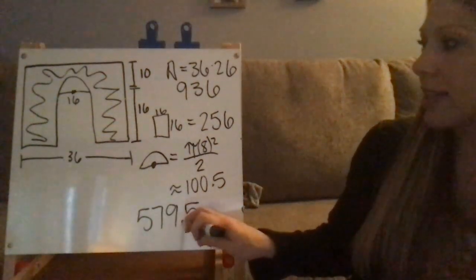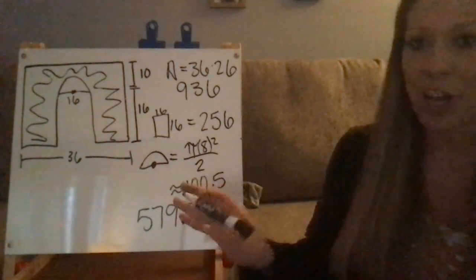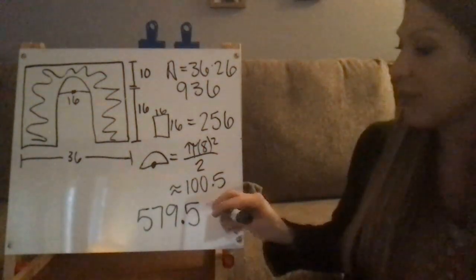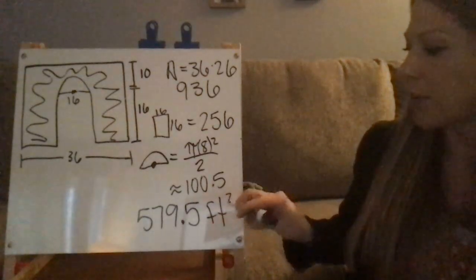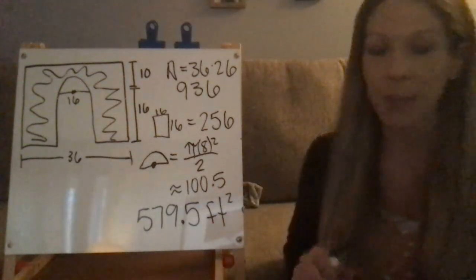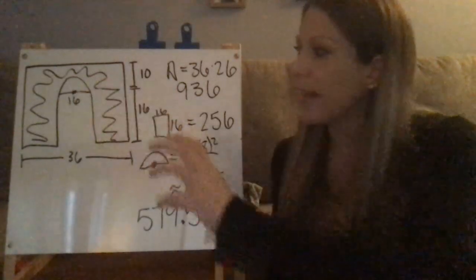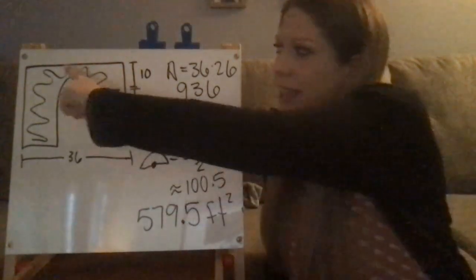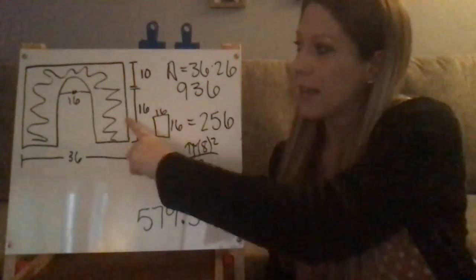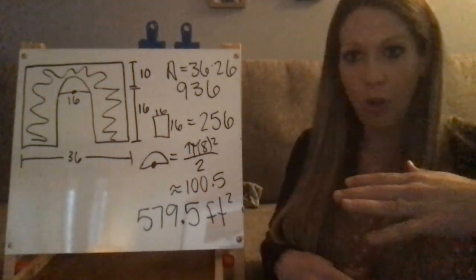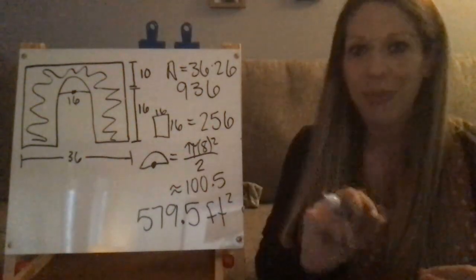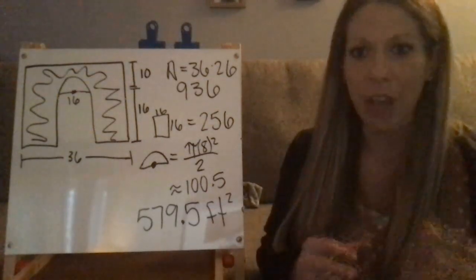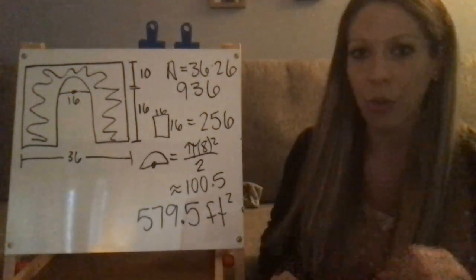And our units, I don't have them written on here, but on your paper, I think it's feet squared would be the area of that painted part. So whenever you've got a cutout, right, because we don't know how to find the area of this little doodad unless we take the area of the whole thing and then break it up into pieces that we know and that we can take out of the area of the whole thing.